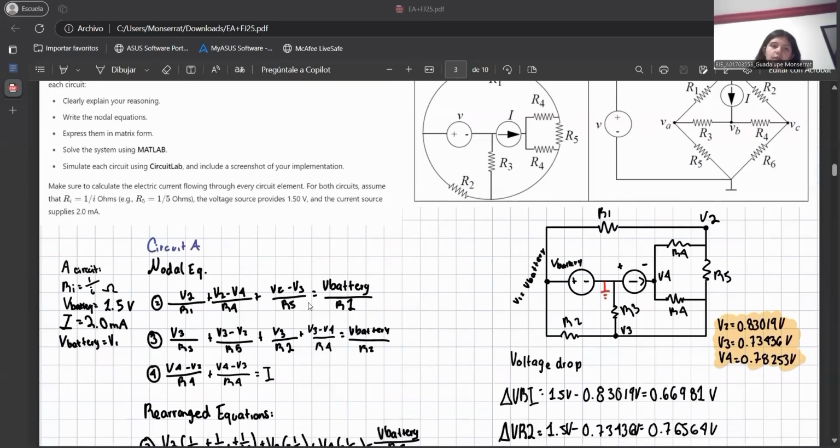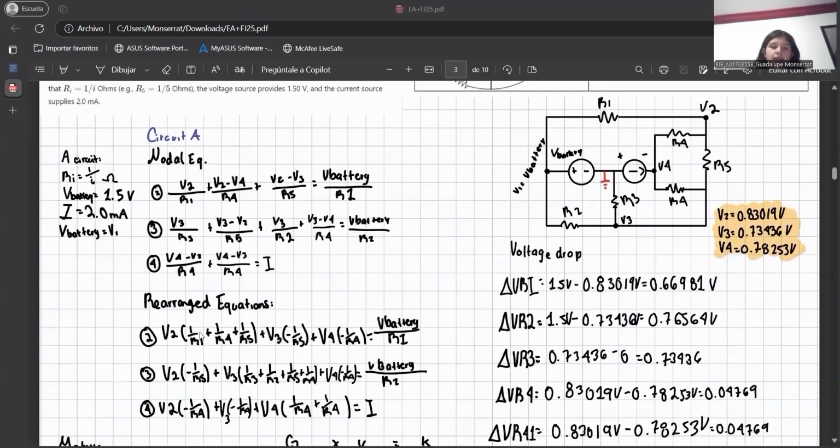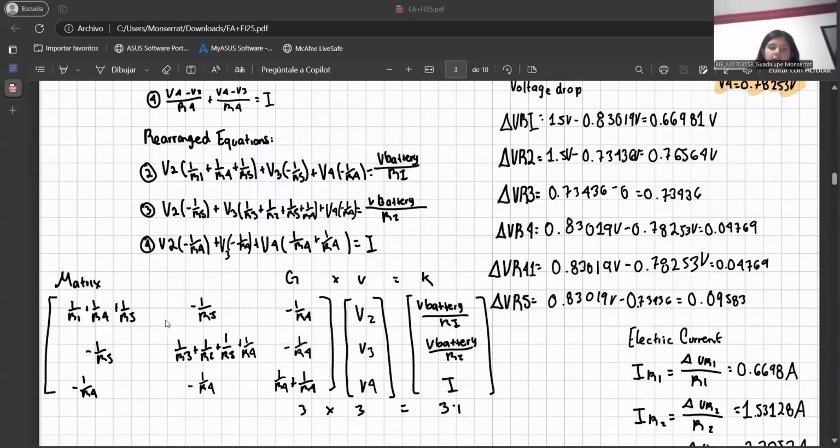And then we carry out the nodal equations. Then we get our rearranged equations, and finally write them in matrix form.